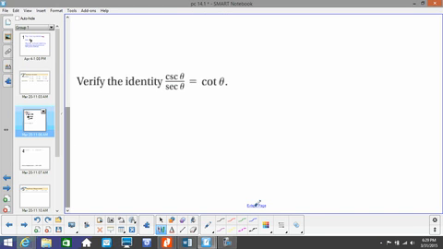Let's do another one. We want to verify that cosecant theta over secant theta equals cotangent theta. Well, I'm going to choose to work with the left-hand side. I know cosecant is 1 over sine. And I know secant is 1 over cosine.